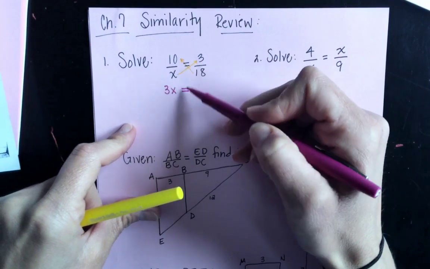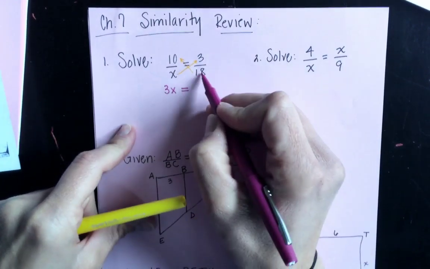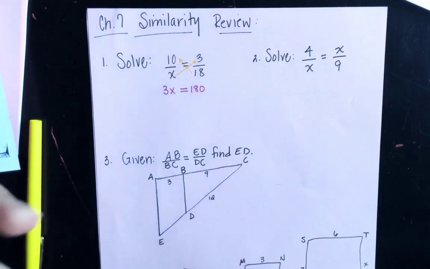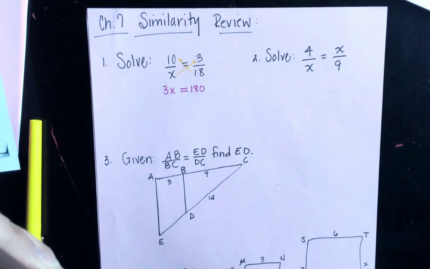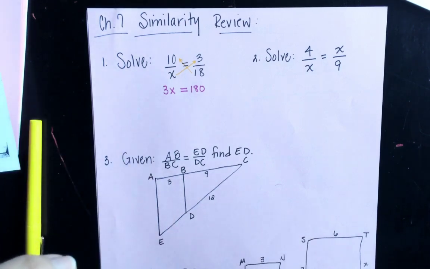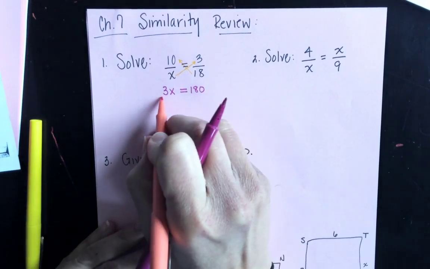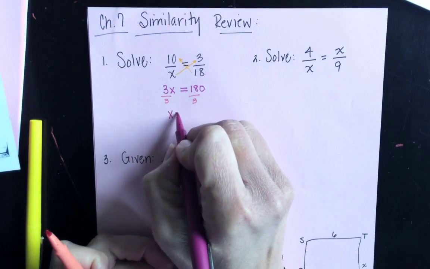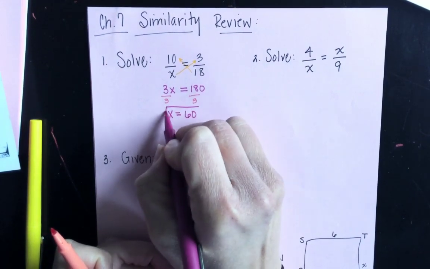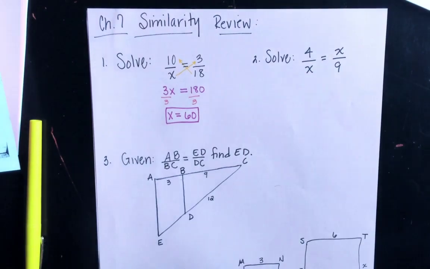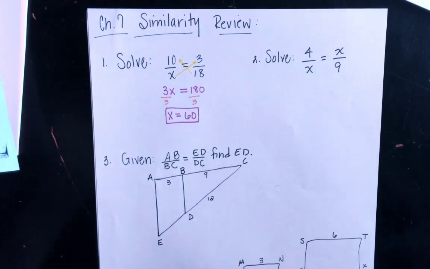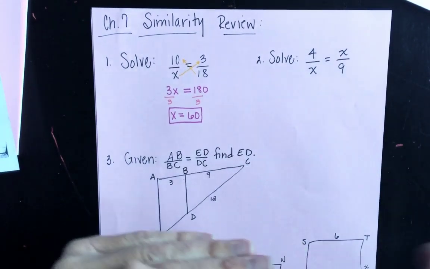So you can even see when I'm doing my work, I'm lining up my equal sign. 18 times 10 is 180, and when I solve my proportion, this is when the division happens, because this does say 3 times x. We're going to divide both sides by 3, and we end up with x equals 60. So yes, this question is supposed to be easy. I'm not trying to pull any punches. I want to make sure that if we can solve a proportion, we can always solve a proportion. We don't have to worry about any tricks.